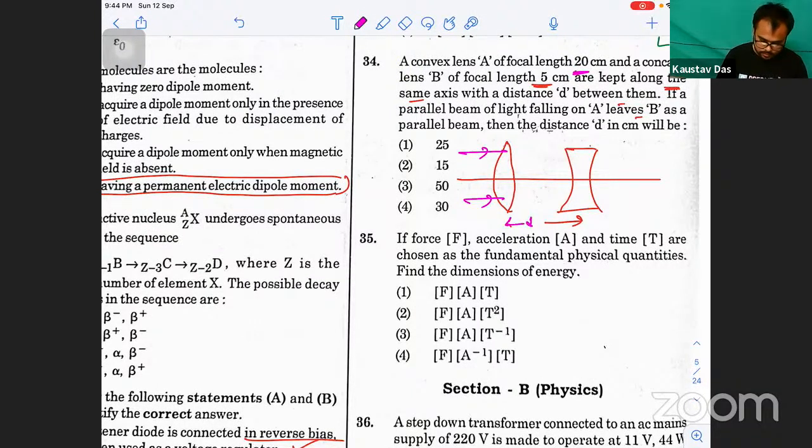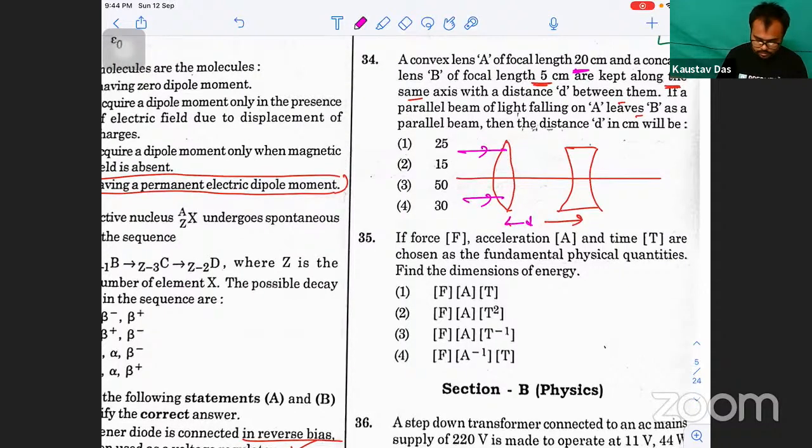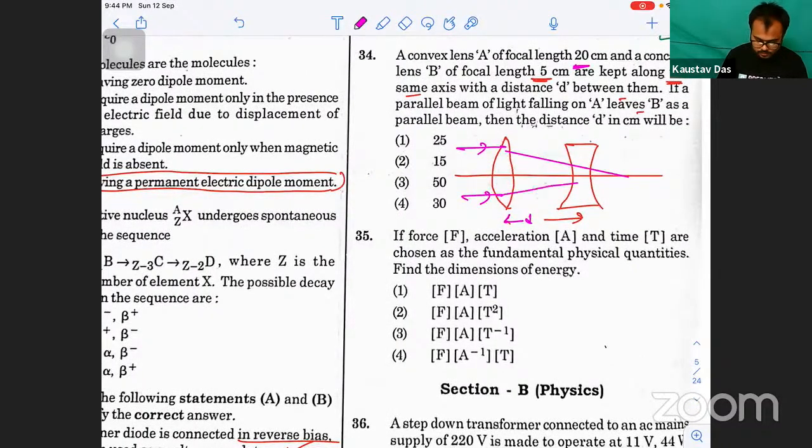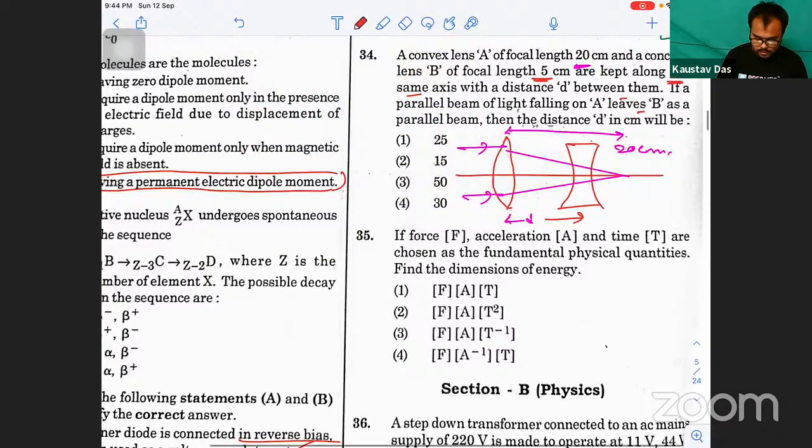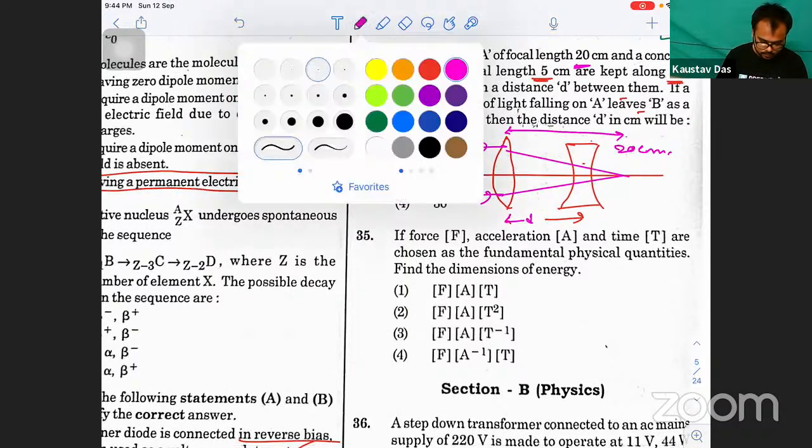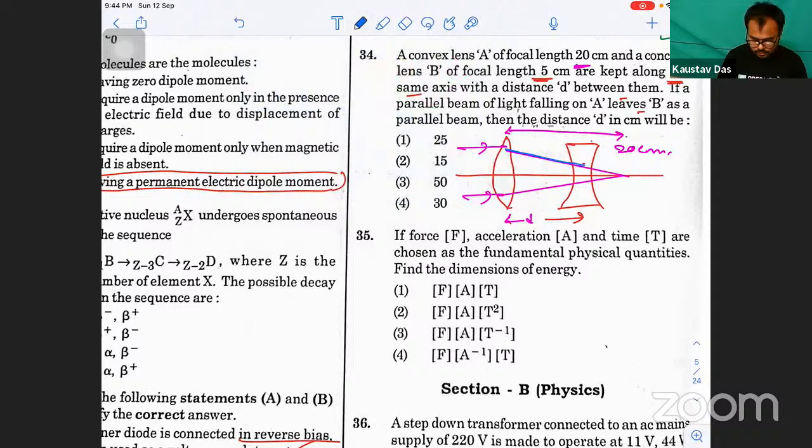If the focal length is 20 centimeters, and if the concave lens was not present, the light would have focused at a distance of 20 centimeter from the lens. So basically, this distance is going to be 20 centimeter. As the concave lens is now present, the light is going to get diverged. Whenever the light falls on the surface of the concave lens, it is going to go parallel again.